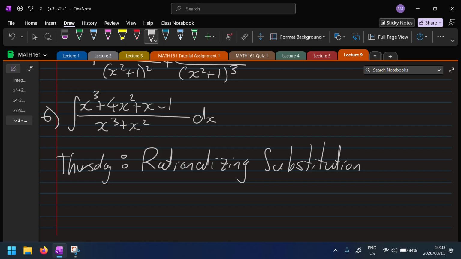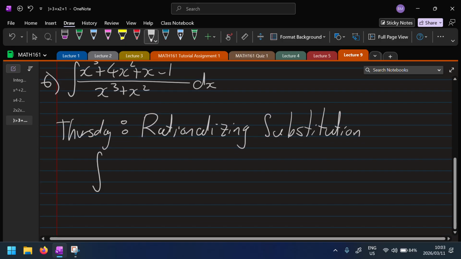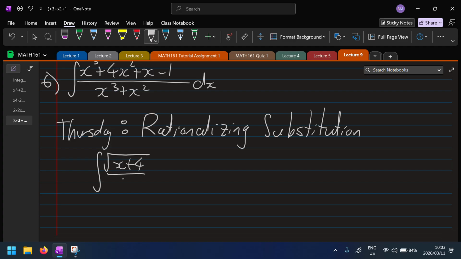So for these integrals, it's going to look like this. So notice in the bracket there, it is not x squared. You cannot do trig substitution for these ones. It's just x. So if it was x squared, you would do trig substitution or hyperbolic trig substitution.